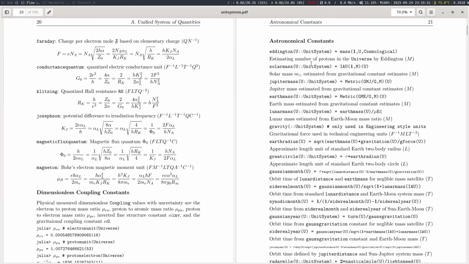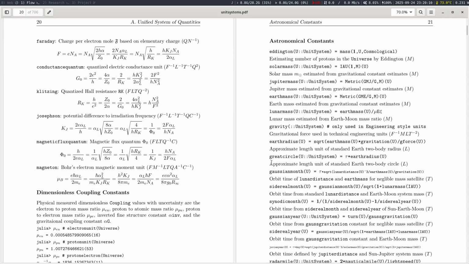The Eddington number of protons in the universe, solar mass estimated from the gravitational estimates, the Jupiter mass estimated from the gravitational constant estimates, the Earth mass estimated from the gravitational constant estimates, the lunar mass estimated from the Earth-Moon mass ratio, gravitational force used in technical engineering units, the Earth radius, which is the approximate length unit of the standard Earth two-body radius.